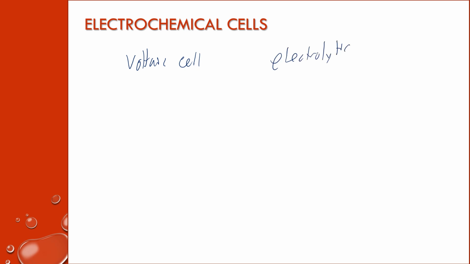I'm going to very briefly introduce both of those here, and then we'll get more specific later on. Voltaic cells are also called galvanic cells, and they are spontaneous. They generate electrical energy.